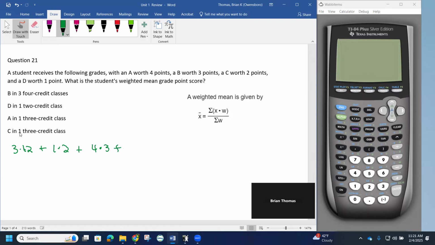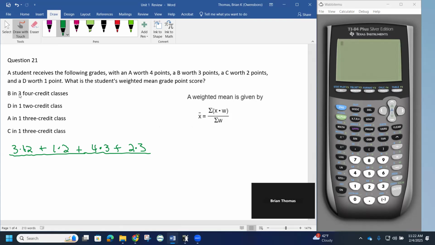And then the C, we have a 3 credit class. So that means it counts 3 times. So C was worth 2 points, and you get to count it 3 times. So that's our summation of the weighted part. Then you have to divide by the weighted value.